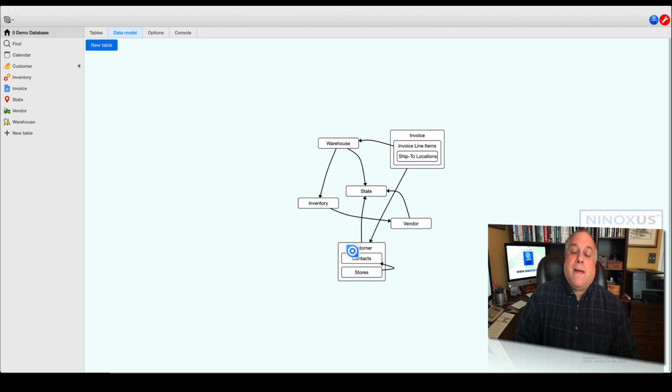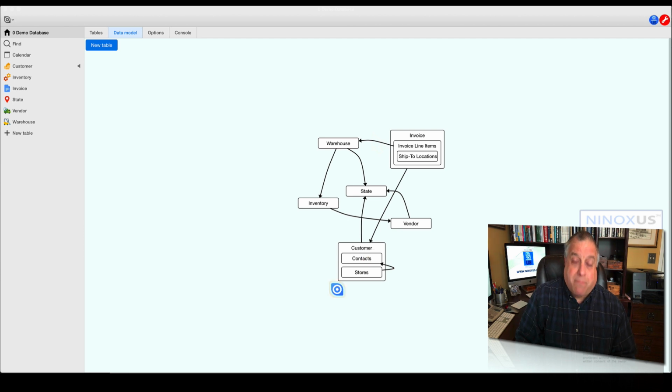Those are all parent or master tables. Invoice line items and the invoices that represent transactions between customers who buy and the inventory that they purchase, these are what we call transactional tables.